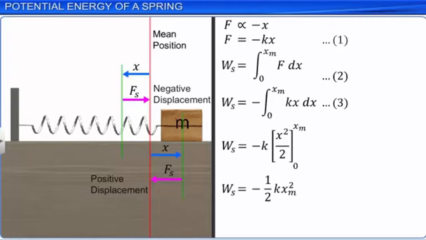Hence, the work done by the external elongating force will be plus half kxm square. This is the work done by the external elongating force against the spring force, and hence is stored as potential energy in the spring, as given by equation 4.